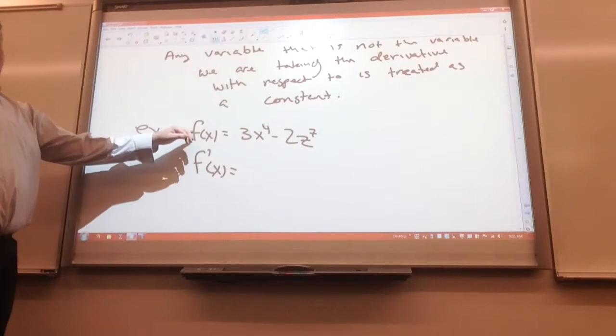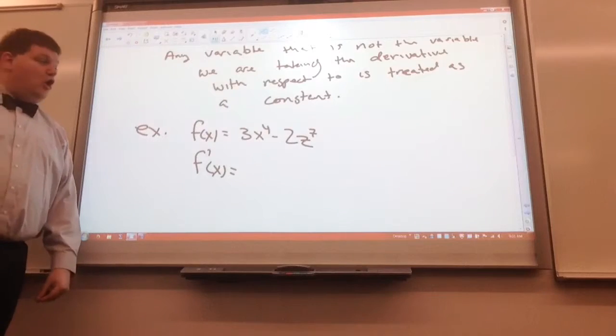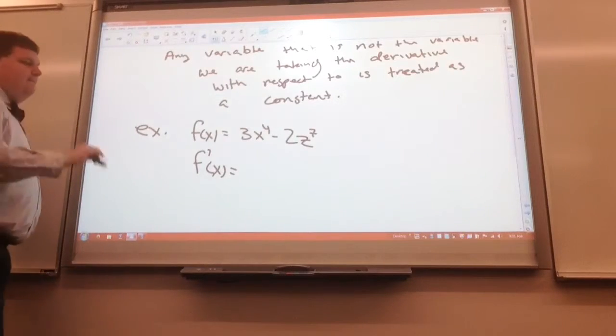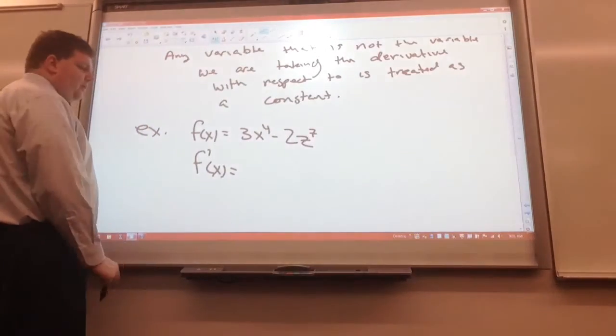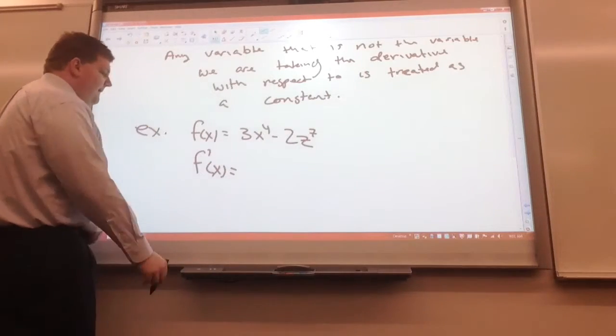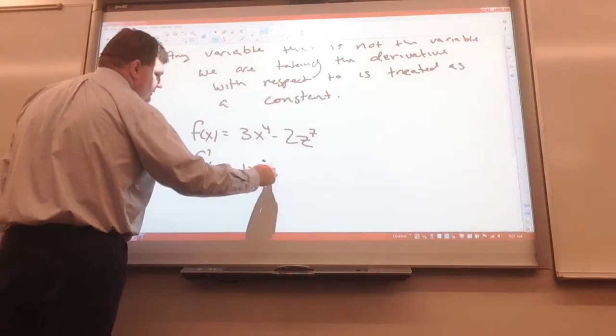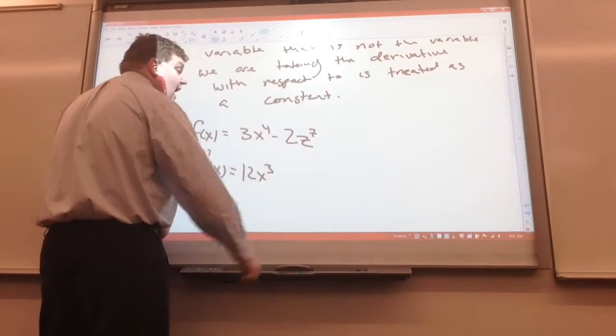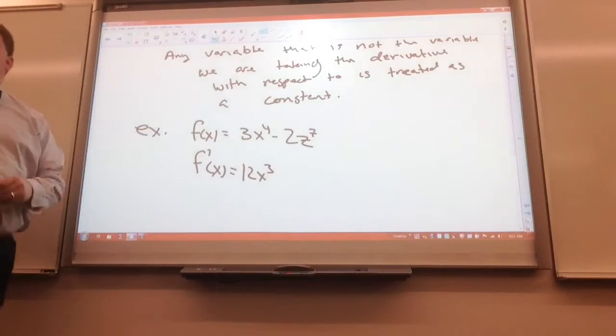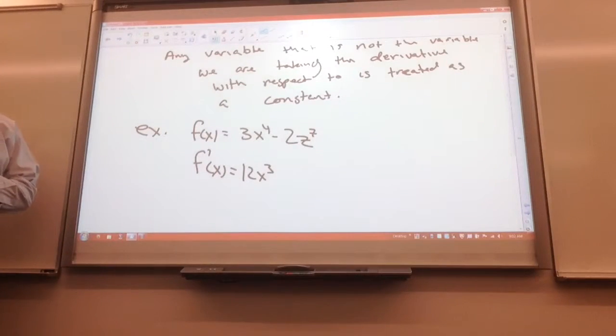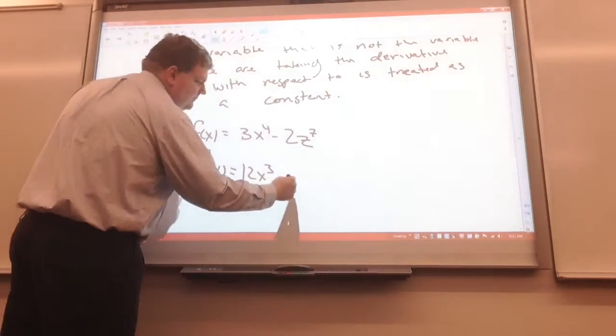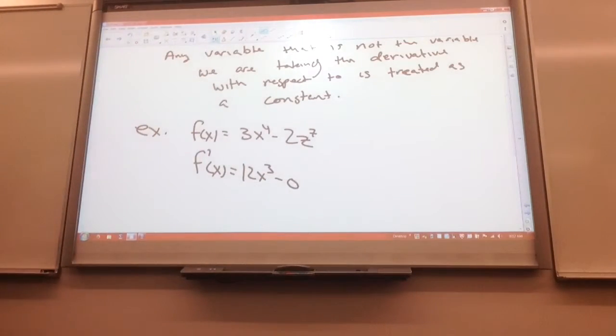Hence it says f of x, not f of z. So 3x to the 4th works out normally. What's it going to be? 12x cubed. Minus 2z to the 7th? What's the derivative of a constant? 0. So if z is treated as a constant here, it's actually minus 0. It all goes to 0 because that's a constant in this case.